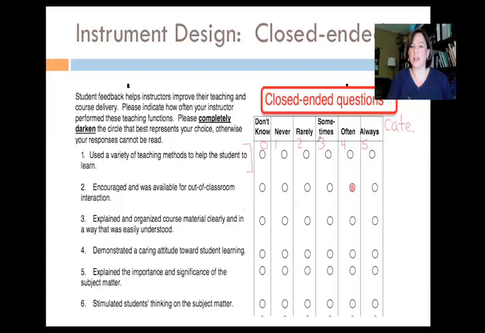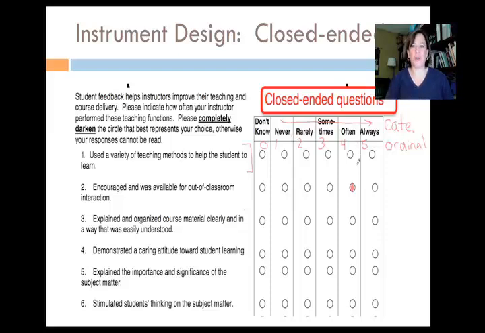So these are categories, and they can be ordered from less to more. So the level of measurement for this scale is ordinal. These are closed-ended questions. There's no other options here for the respondent to say something crazy or something other than what we have allowed.